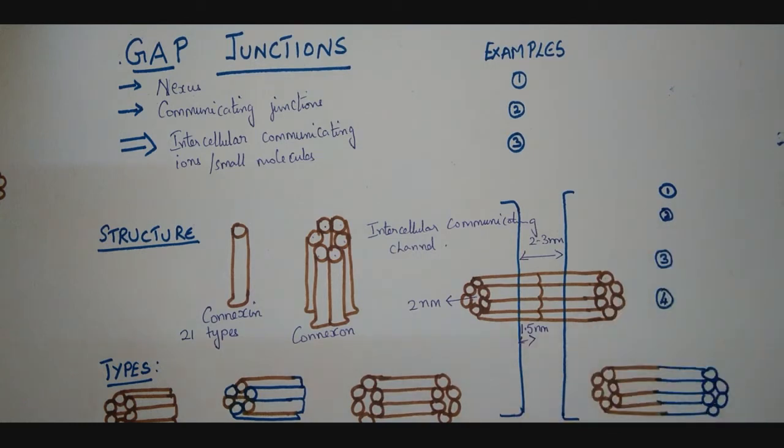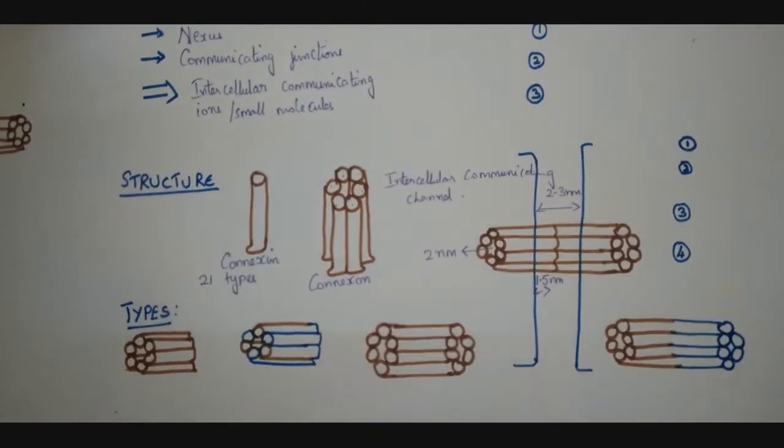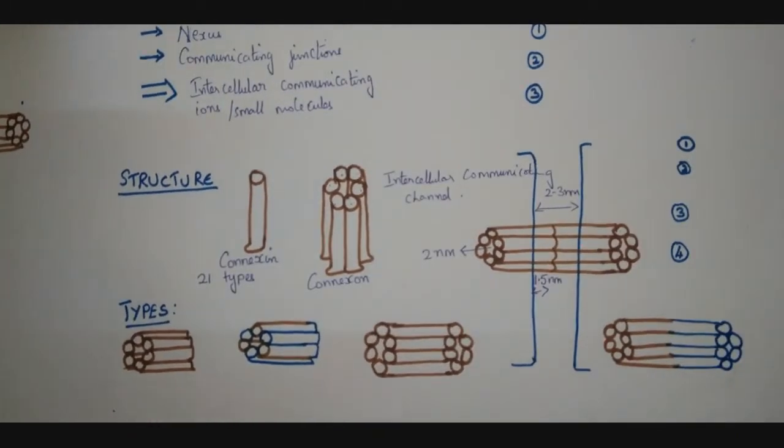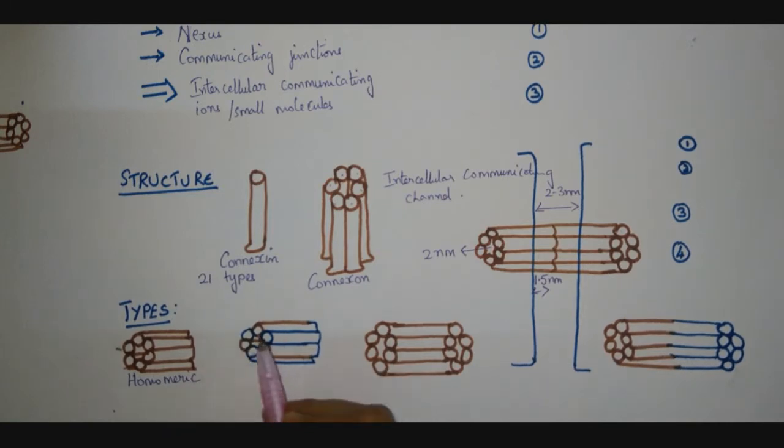Now, moving on to the types of gap junctions. There are 4 types of gap junctions. If the connexon or hemichannel is made up of the same type of connexin, it is called homomeric. If it is made of different connexins, then it is heteromeric.